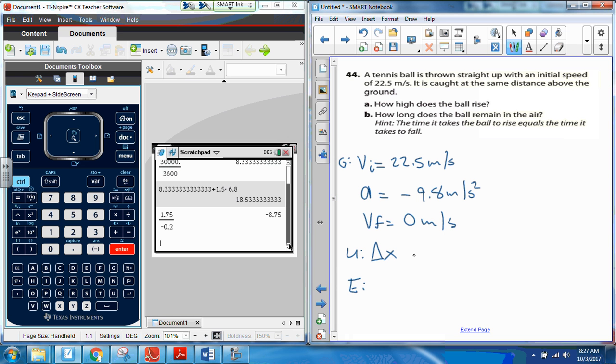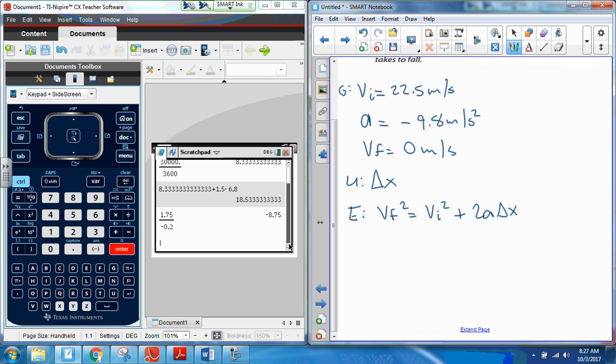So I've got V initial, A, V final, and delta x. So V final squared equals V initial squared plus 2A delta x. Okay?